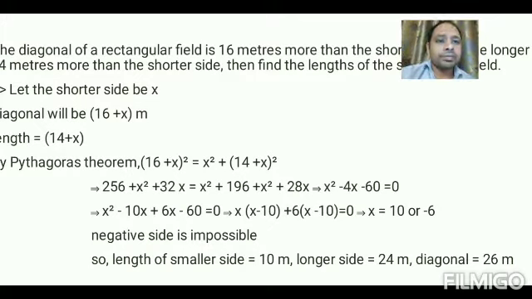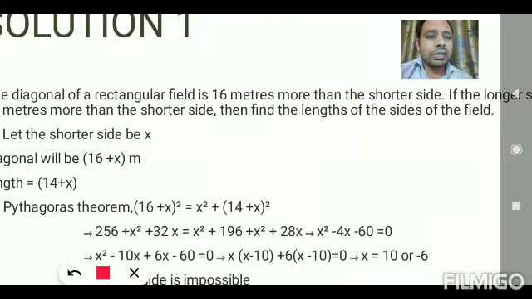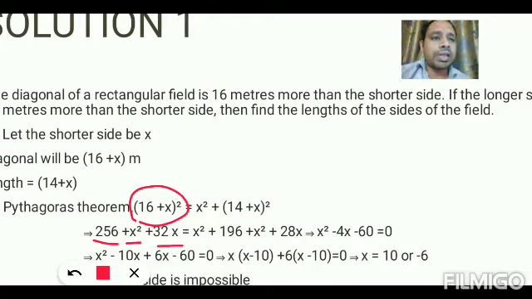And if you simplify this one, x plus 16 whole square can be written as a square plus b square plus 2ab. a square means 256, b square means x square, and 2ab means 32x, right?